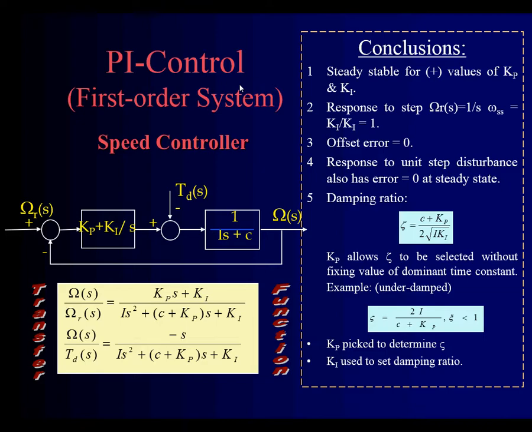You can do a few things by changing the physical parameters to modify that. So there are two constants, one to determine the damping ratio, and the other also used to set the damping ratio.